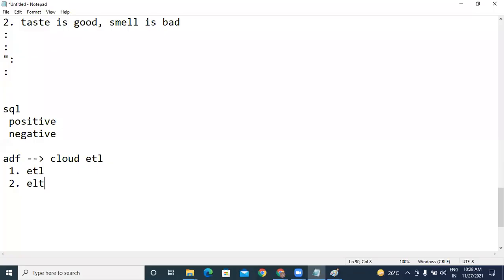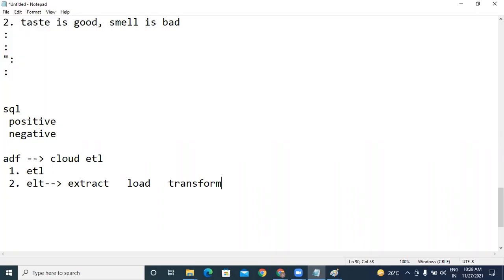There are two types of processes: ETL and its opposite version, ELT. ETL, you know, is extract, transform, load. What is the meaning of ELT? Extract, load, and transform. Reverse it. The first step is common: extract, load, and then transform. Understood?